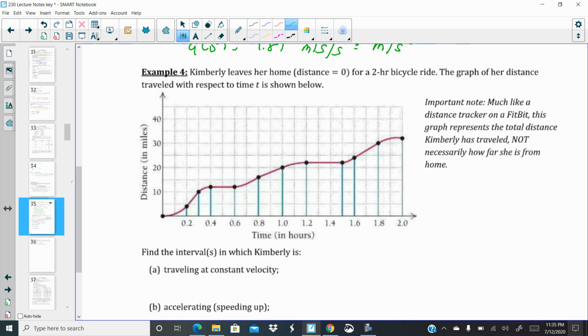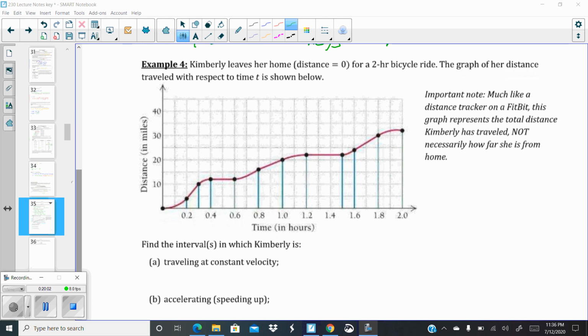Kimberly is traveling at a constant velocity. So the graph is in distance, miles per hour. Okay, it's actually kind of hard to see from this graph, but what we're looking for basically are line segments. We are looking for things which are linear, because if you've got a linear piece, that means that you're traveling at a constant velocity, whether the velocity is positive or it's zero or it's negative.